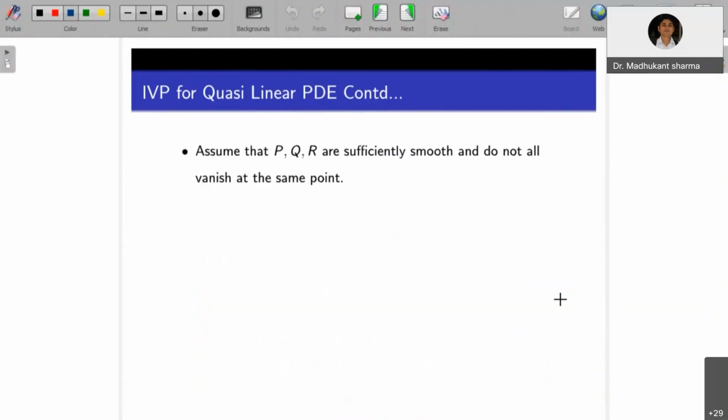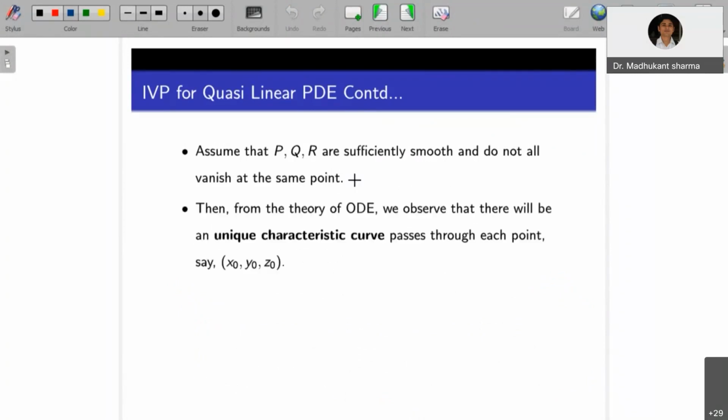So this will give you the uniqueness as per the ODE theory. Assume that P, Q, R are sufficiently smooth and they do not vanish at the same point. Then from the theory of ODE, there will be a unique characteristic curve passing through each point, say x0, y0, z0.